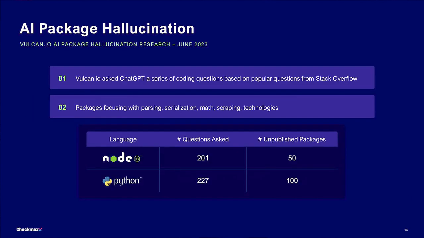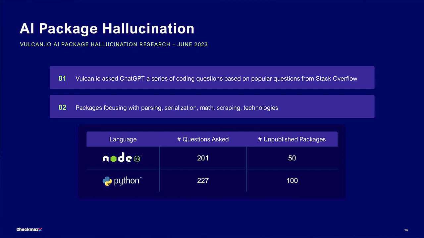So we did a little research. Checkmarx and Vulcan.io did research with ChatGPT, asking a series of coding questions based on popular posts on Stack Overflow. So they asked for packages focusing on serialization, math, scraping, and technologies. They focused on Node, so NPM, and then Python, PyPI.